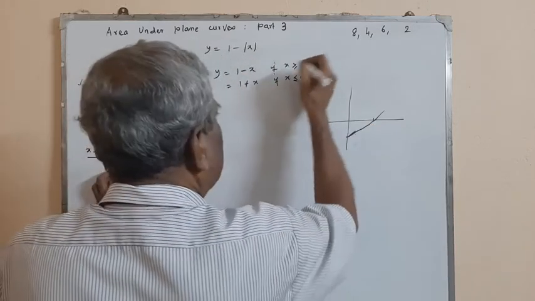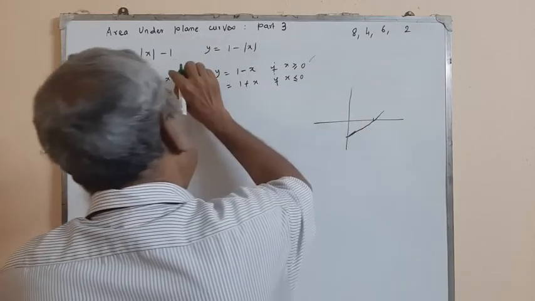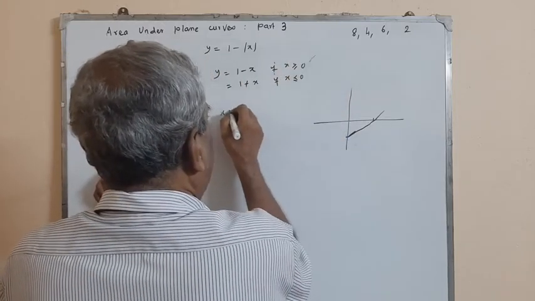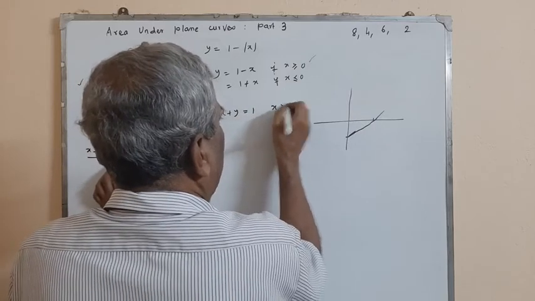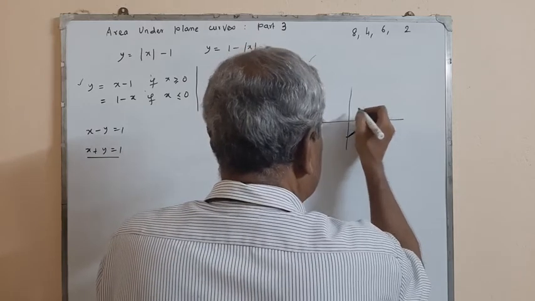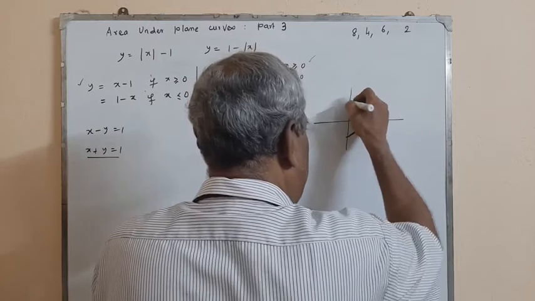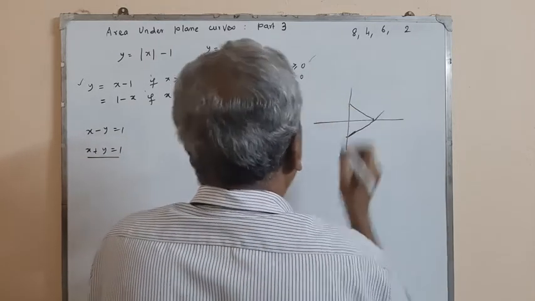Better, first we draw that one. It is x plus y is equal to 1 when x is greater than or equal to 0. So it is x by 1, y by 1. It is this one when x is positive.